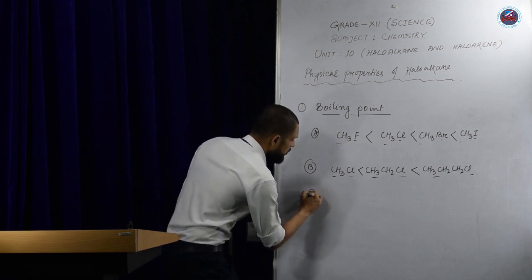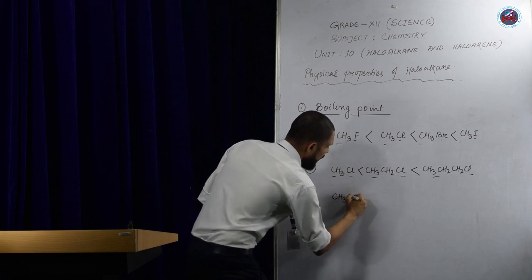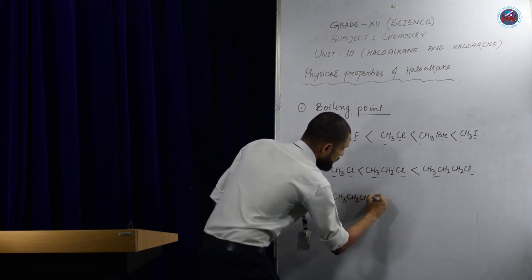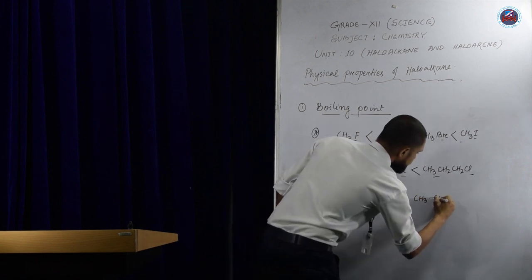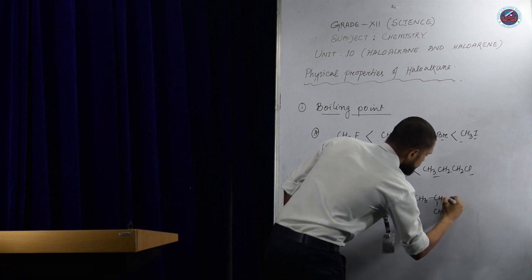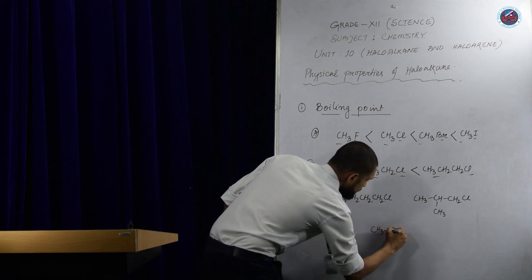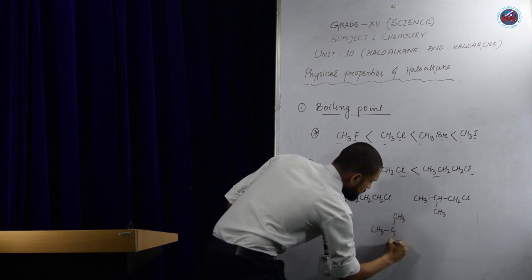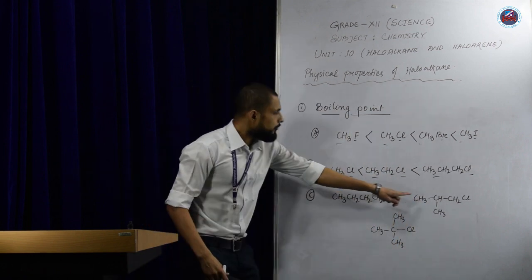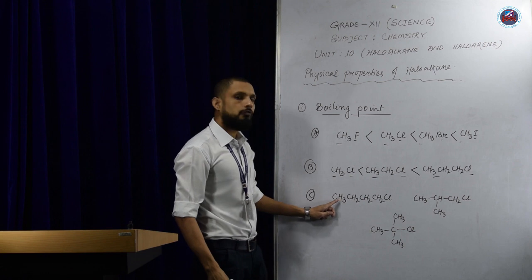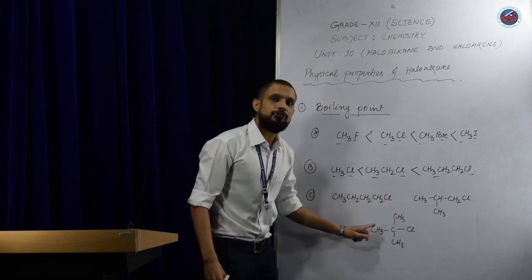Next, let us see isomeric haloalkanes. If you look at these compounds, you'll find the number of carbon atoms, hydrogen atoms, and halogen atoms is the same.